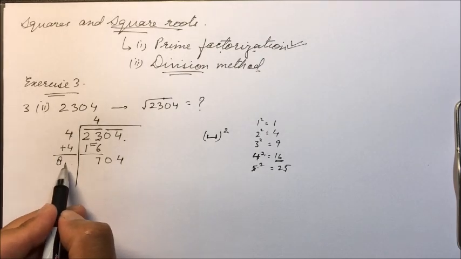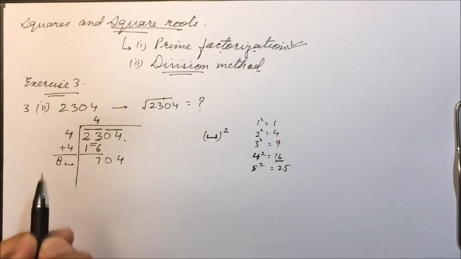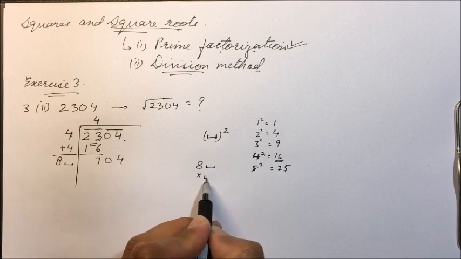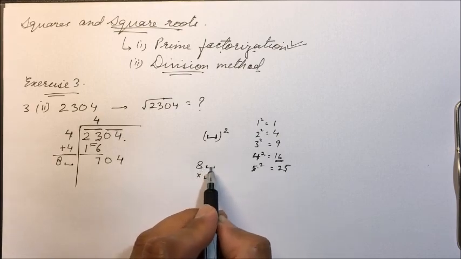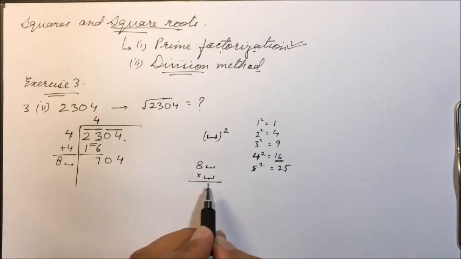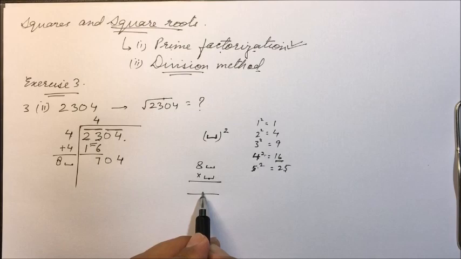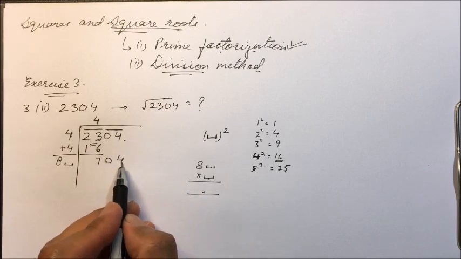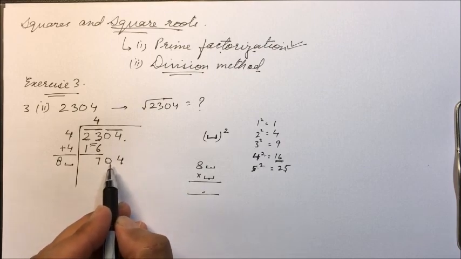Now what digit should we put here, such that 8 and the digit, multiplied by the same digit, gives a product that does not exceed this number, 704?